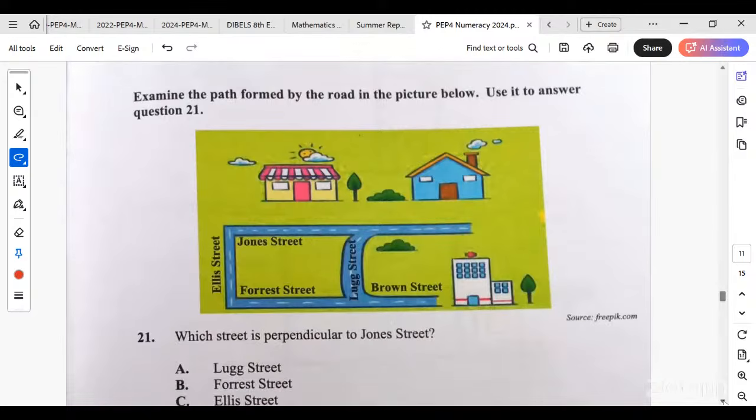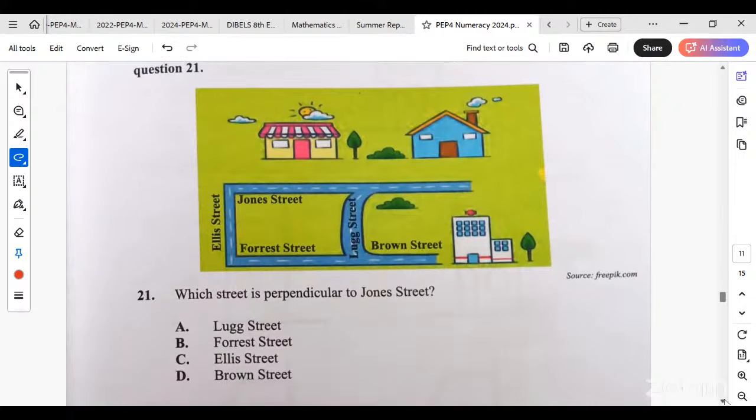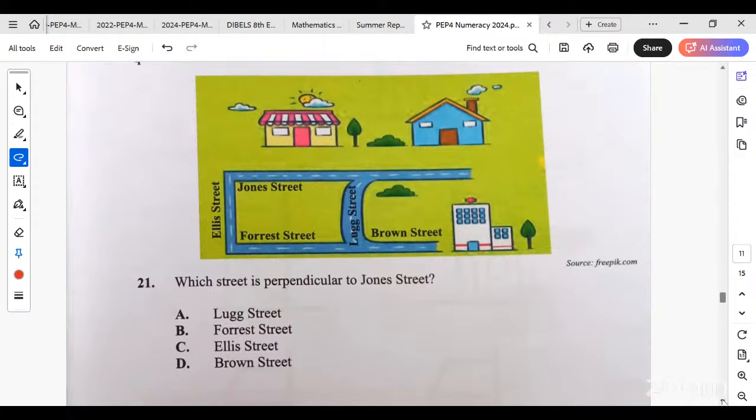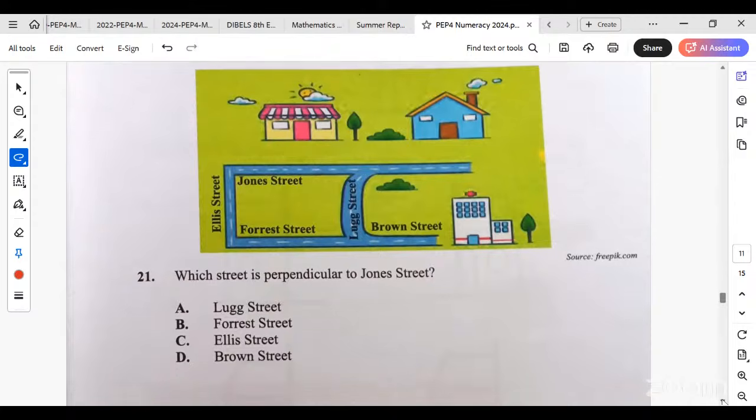All right, examine the path formed by the road in the picture below. Use it to answer question 21. Which street is perpendicular to Jones Street? So you have to know what the word perpendicular means. It means where two lines meet and form a right angle.